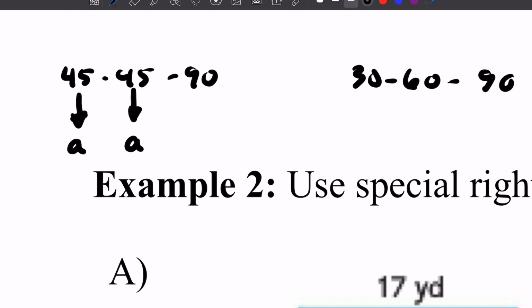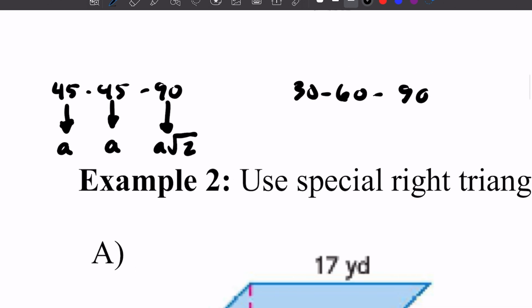Across from the 90-degree angle, you set that side equal to what? A root 2. A times the square root of 2. Okay? And then 30, 60, 90, across from the 30-degree angle, what do I set that side equal to? If it's across from the 30-degree angle, it should be what? Nope.